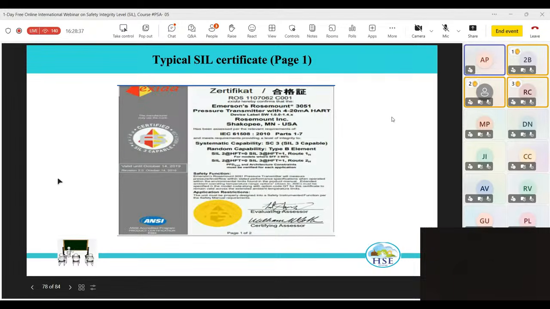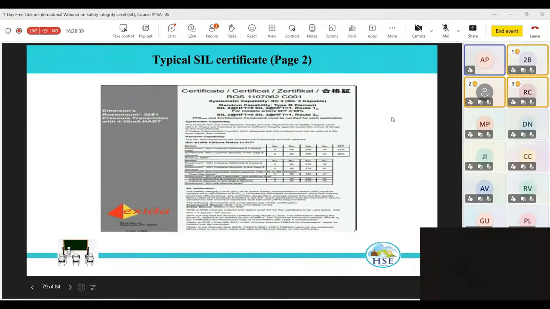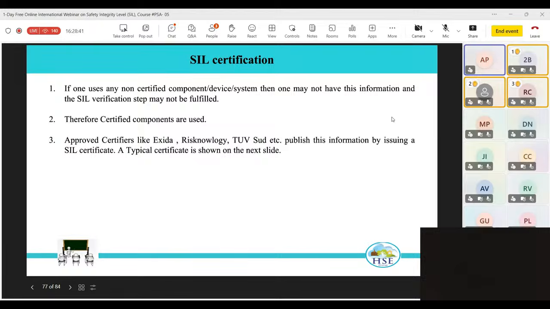But just before that, let me tell you more about these bodies. These certifying bodies are members of a federation called the International Accreditation Forum, which is based in Geneva. From there come various bodies like TUV, some of the examples which I have given, and these are the notified bodies.